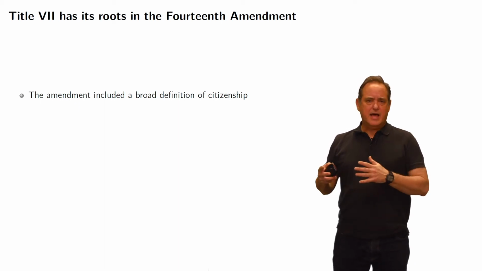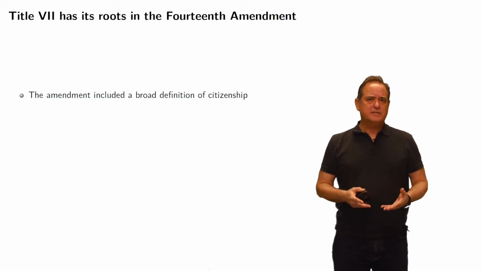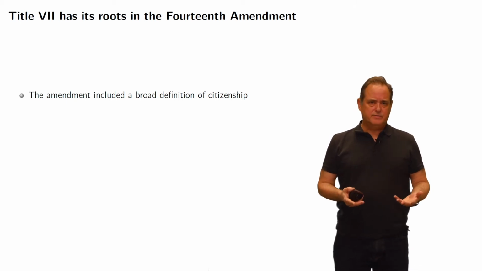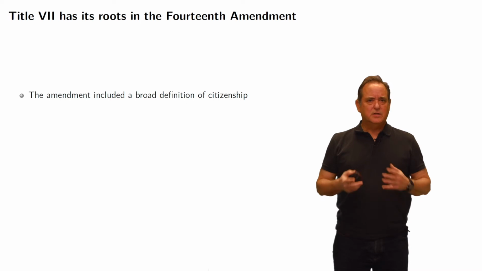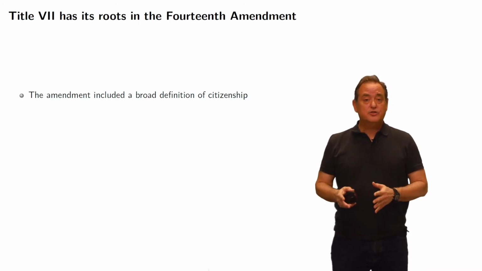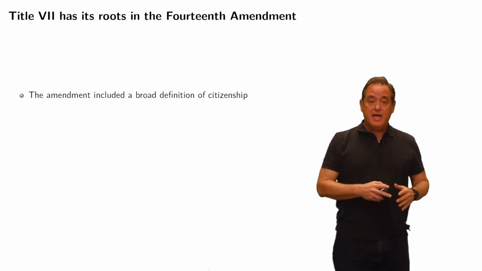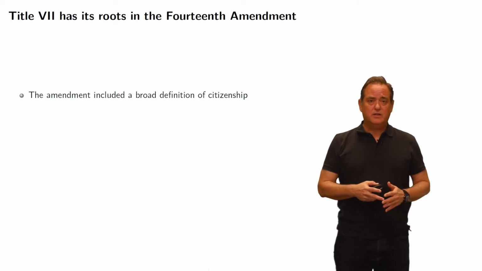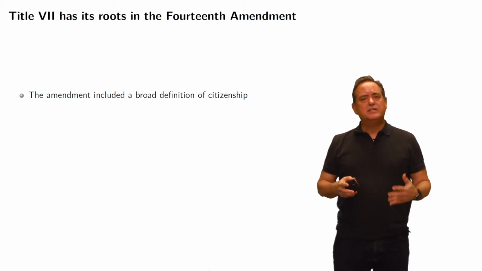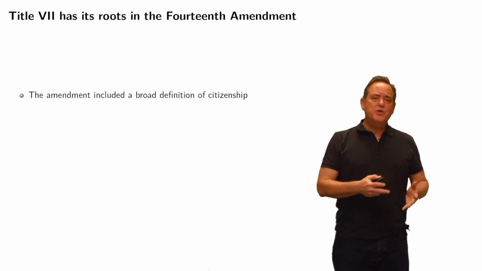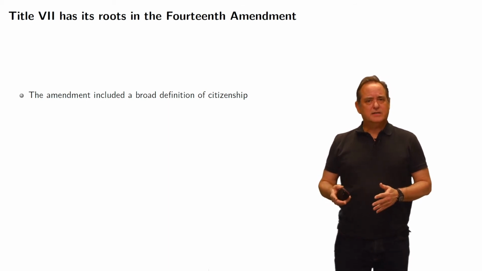Dred Scott said that people of African heritage could never be United States citizens. So we needed a constitutional amendment to do away with that interpretation of the law. And so they settled on this, birthright citizenship. If you were born here, you're a citizen here.